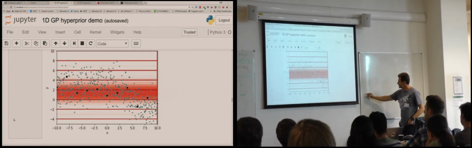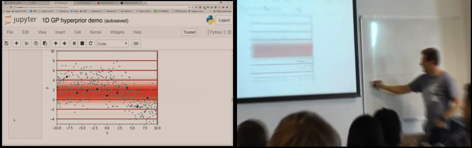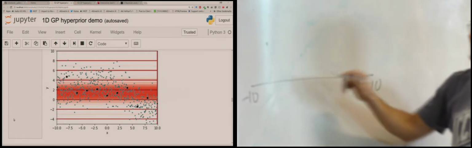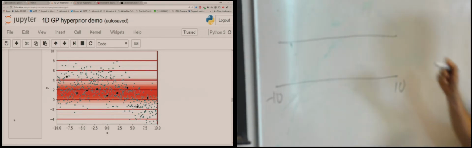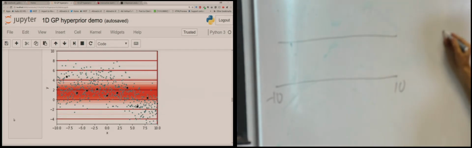So if our scale of the data is from -10 to 10, at some point when the length scale parameter is large enough, our GP is already flat. If we make the length scale larger, it's still flat. Larger, still flat. And it happens that the posterior then has just a flat tail, which goes to infinity.